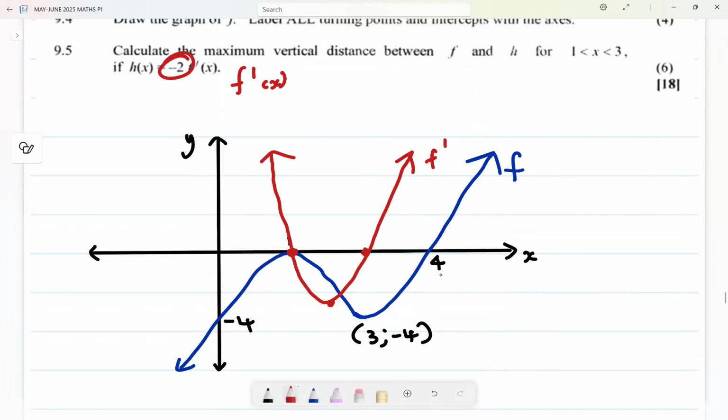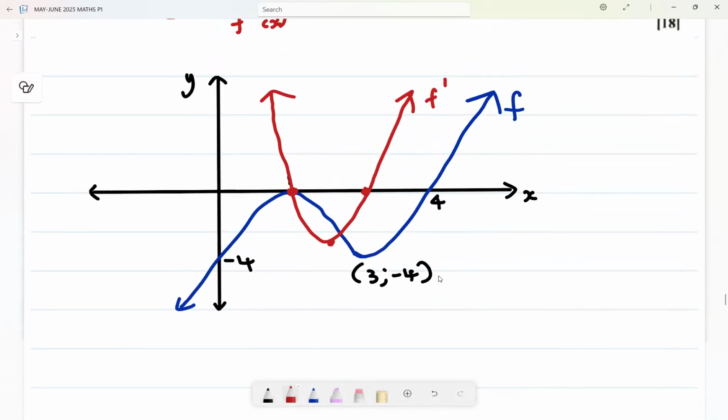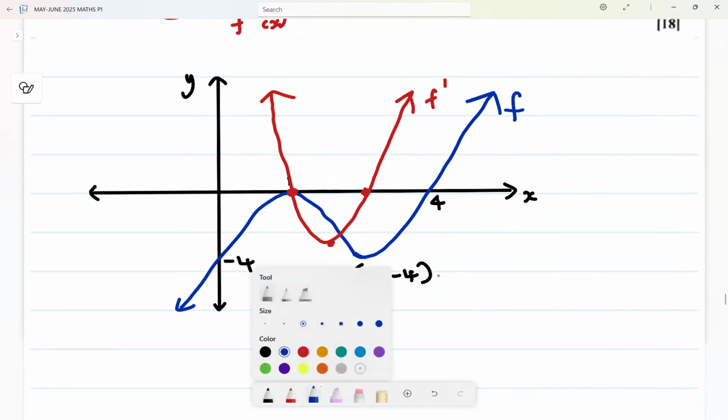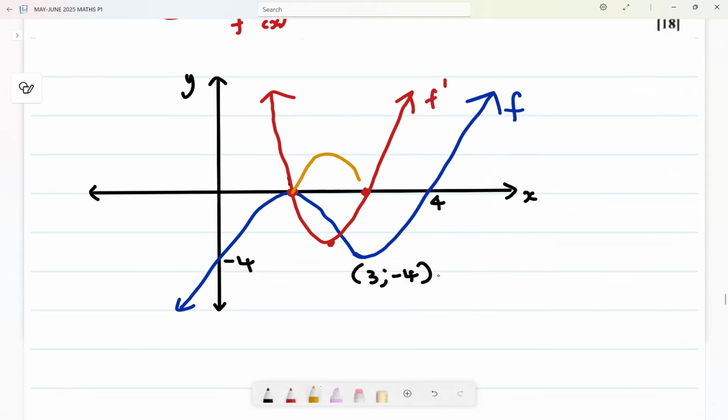So when you reflect it across the x-axis, it will just flip. So we'll have this instead. These points here are going to be flipped like this. Okay? And then that.